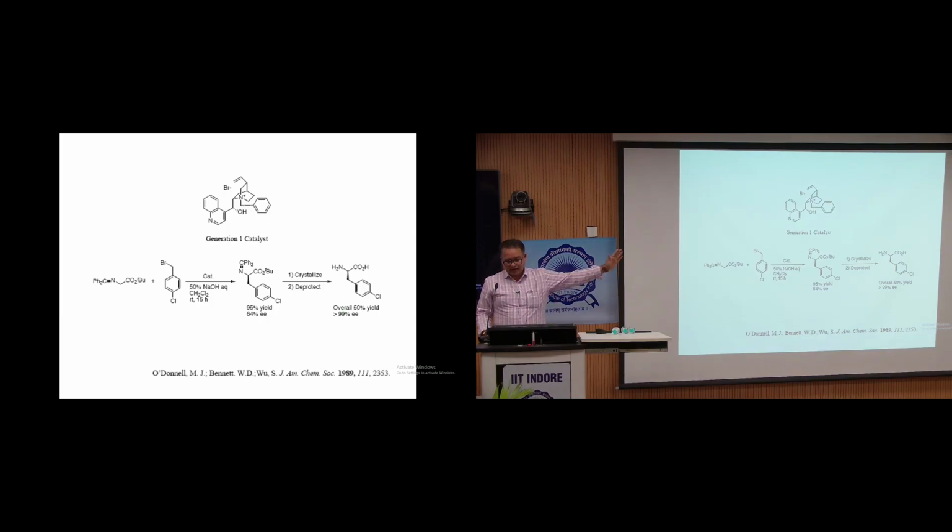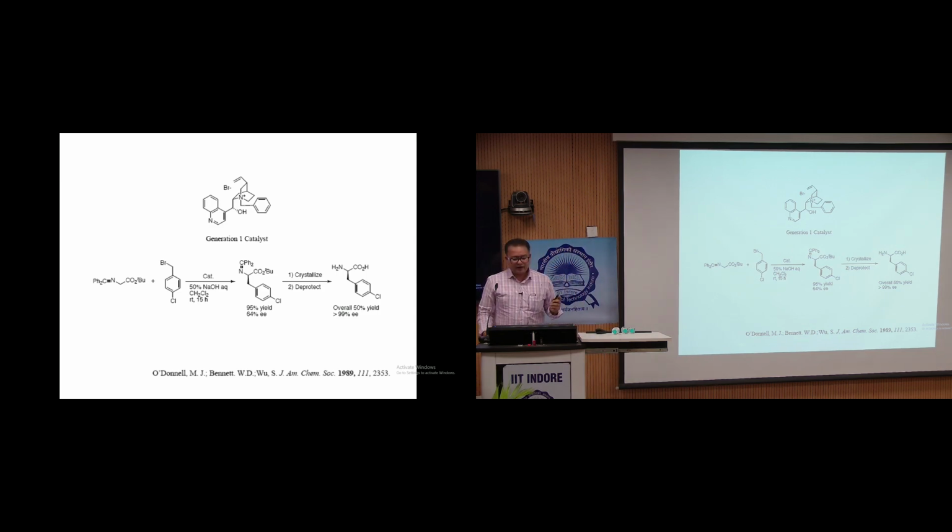But see the overall reaction, 99% enantioselectivity. Even today, when we try to develop an asymmetric reaction in our laboratory, it's very tough. We struggle to get 80% enantioselectivity with all modern instruments. But you see, in 1989 in JACS with the first generation catalyst, he gets an enantioselectivity of 99%.